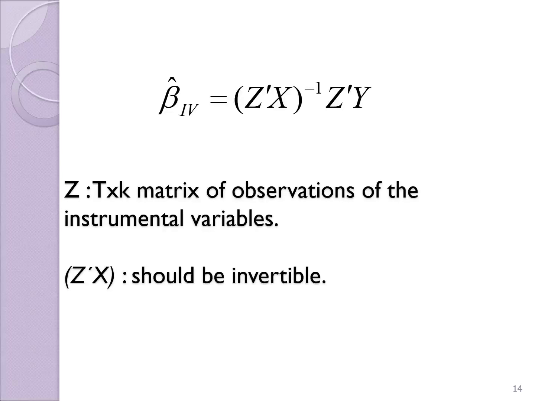Again, we find here the formula of instrumental variables. This is something that I want you to get used to. The z's are the matrix of observations of the instrumental variables. Some of them may coincide with the x's, but they need not. And z prime x should be invertible in order to be able to compute the instrumental variable estimator. But that's something that is common in these situations.